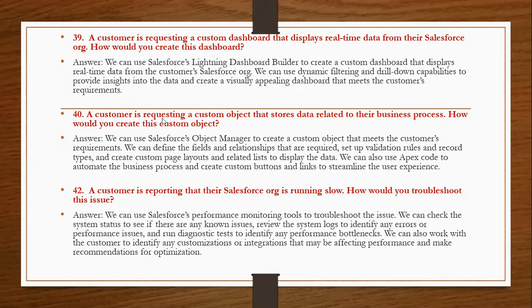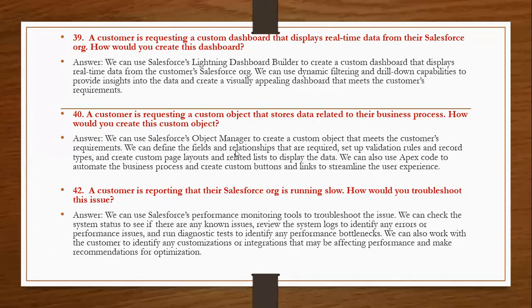Next question. A customer is requesting a custom object to store data related to the business process. How would you create this custom object? We can use the Salesforce object manager to create a custom object that is made to the customer's requirements.